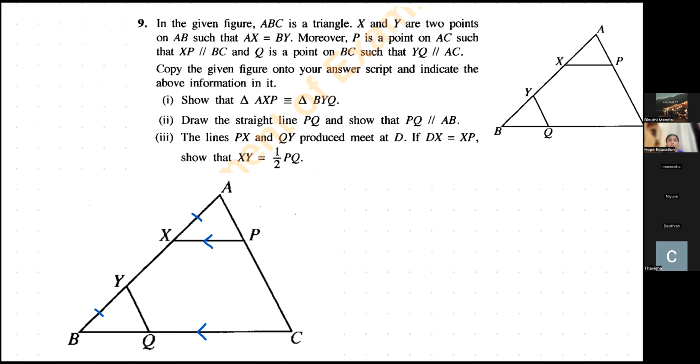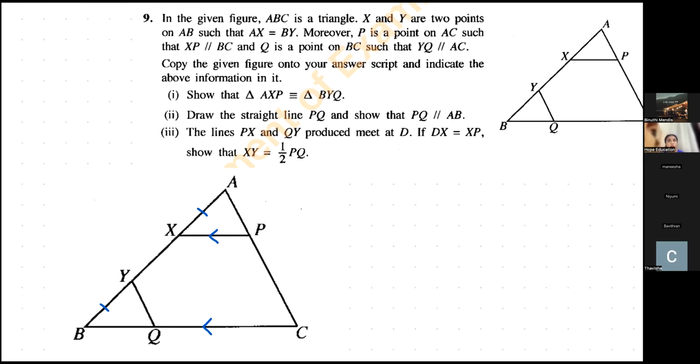And Q is a point on BC such that YQ is parallel to AC.